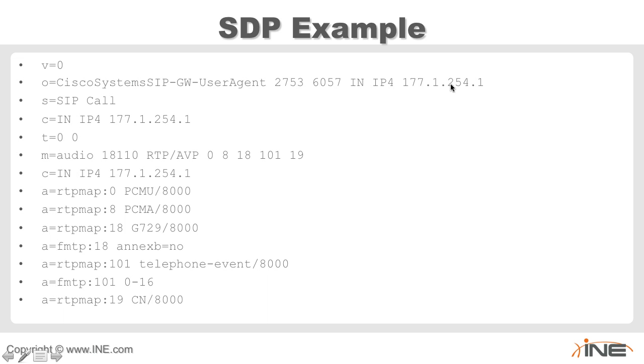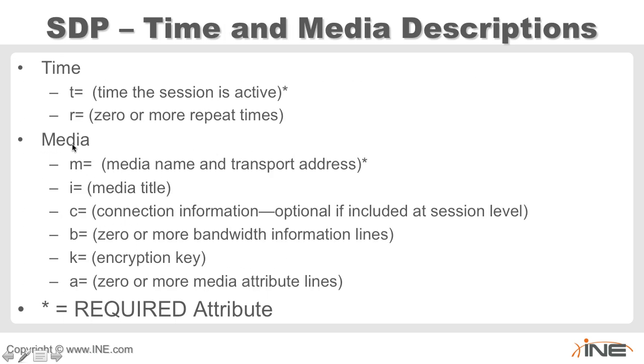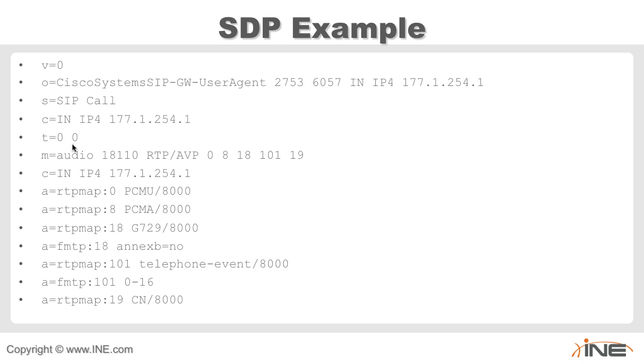C, the connection information that was actually just provided up there at the originator as well. So internet, IPv4, 177. T, 0 and 0. So what was T again? Time. Okay, so we're not specifying any particular time. M for the media. So audio is 18110. That's the port, the RTP port. AVP is an audio video profile.